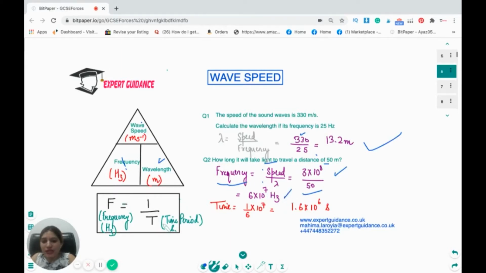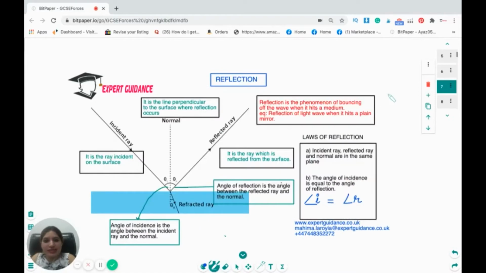And you know frequency is 1 over the time period. So time period will be 1 over the frequency. So when we do 1 over 6 times 10 to the power 7, we will get the answer 1.6 times 10 to the power minus 6. Okay, so I hope this formula and how to work out the wave speed and the wavelength is clear to you.